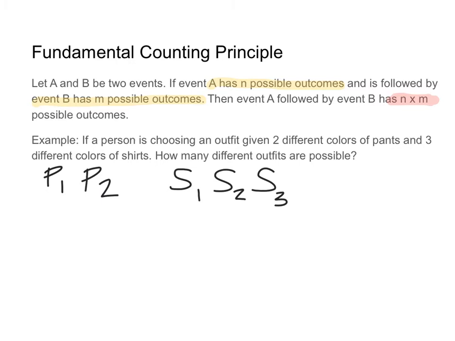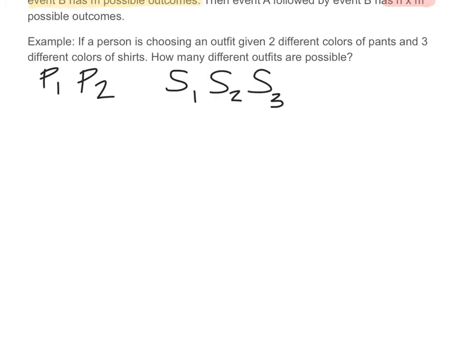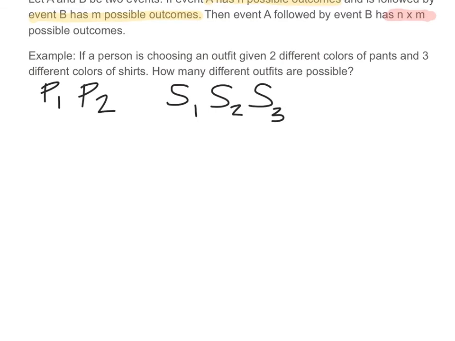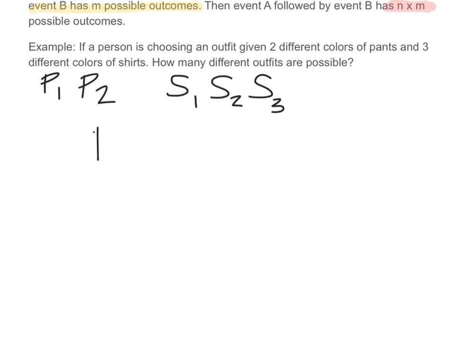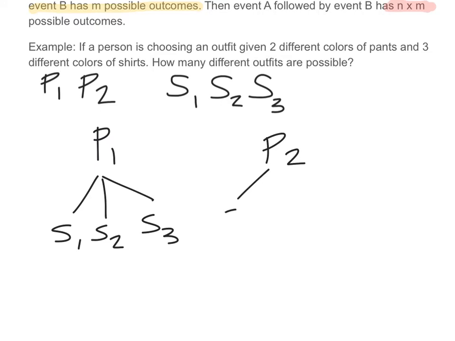And so we can do this tree diagram that comes up with our possible outcomes. Let's say we choose pant 1. Then we have 3 different options for shirts. If we choose pant 2, then we have 3 different options of shirts.